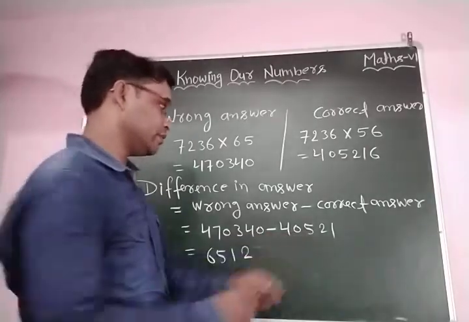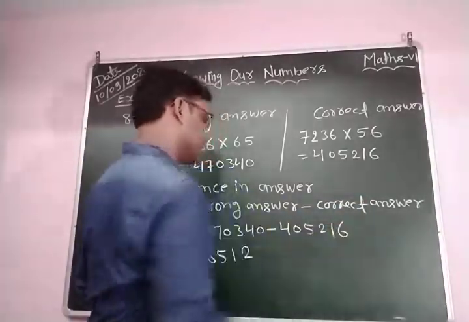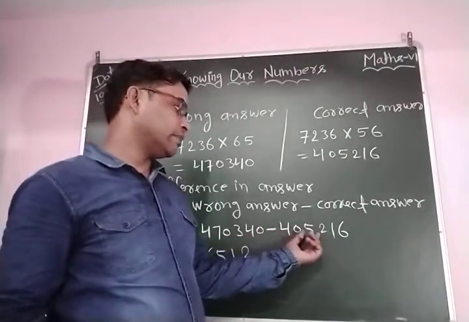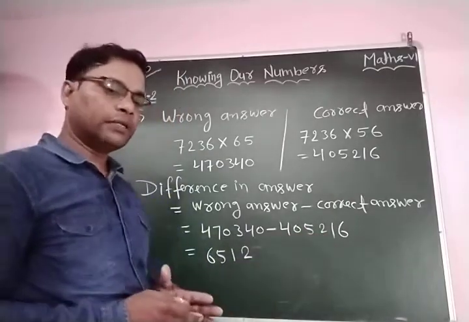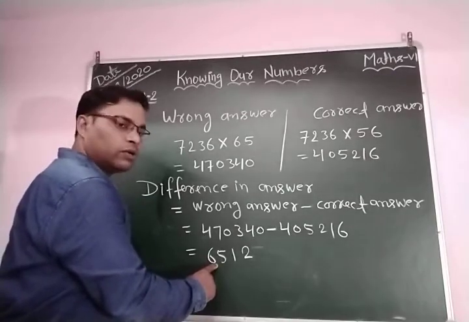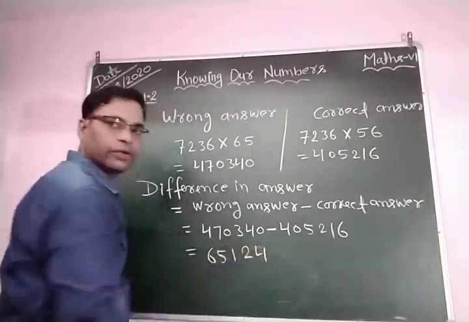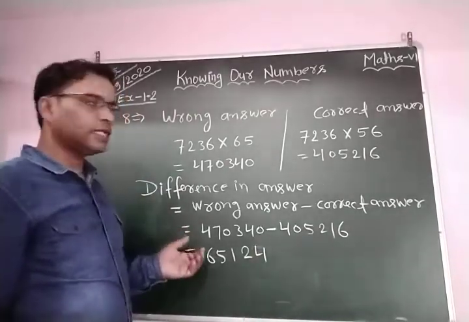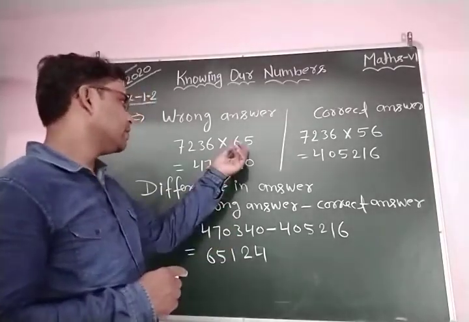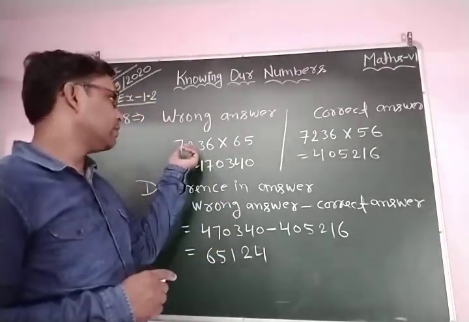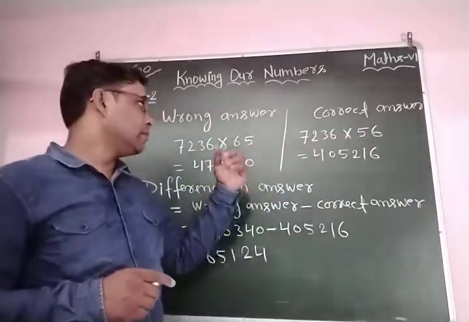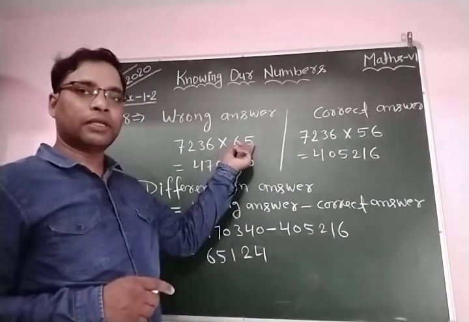Oh sorry, here 16. This is left. 4,70,340 minus 4,05,216. If you subtract them, then we obtain 65,124. Okay, so students, you can see the question is that a student was to multiply 7,236 by 56, but he multiplied it by 65 by mistake.